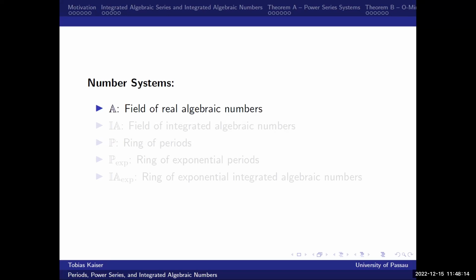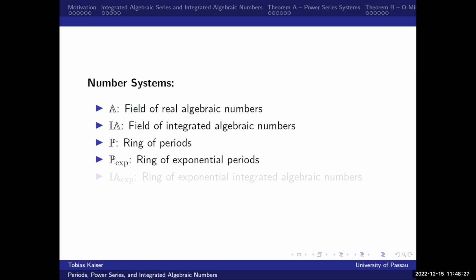Well, the basics, the field of algebraic numbers. Then I've introduced this field of integrated algebraic numbers. I have this ring of periods, which I denote by P. I have this ring of exponential periods in the sense of Fresán and Huber. And I have introduced this ring of exponential integrated algebraic numbers.